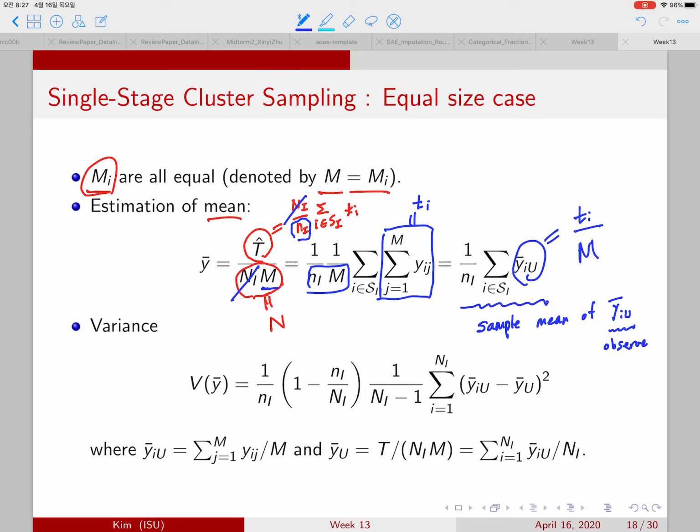For variance, since this is a sample mean of y bar iu, we just have a variance, right? So this is the population variance of y bar iu. So this is basically the formula for simple random sampling.